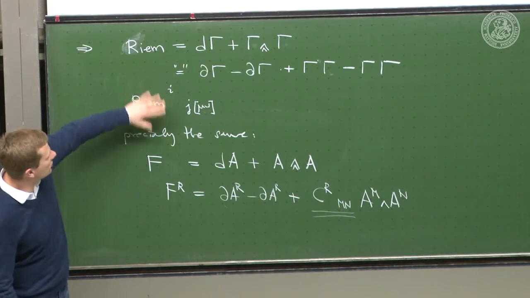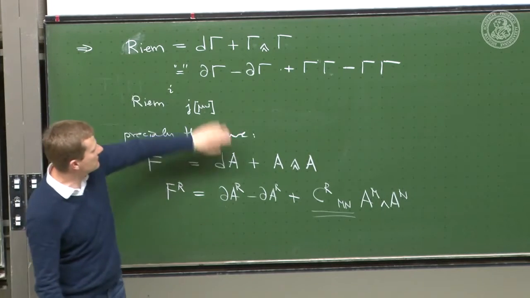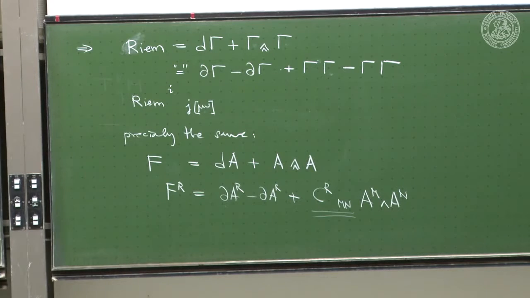So all I want to show you is that these various formulae, this formula and this formula, are precisely the same. They're the pulled back versions of the connection 1 form and the curvature 2 form.